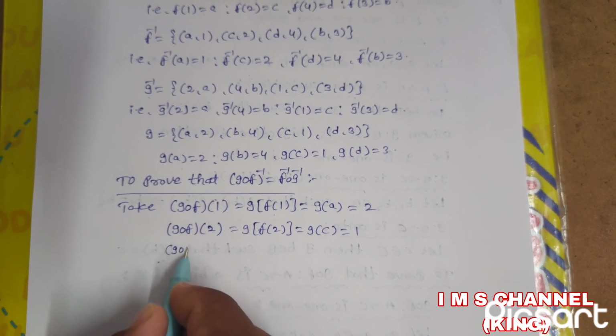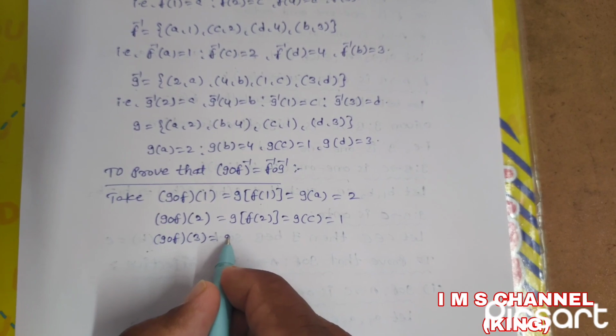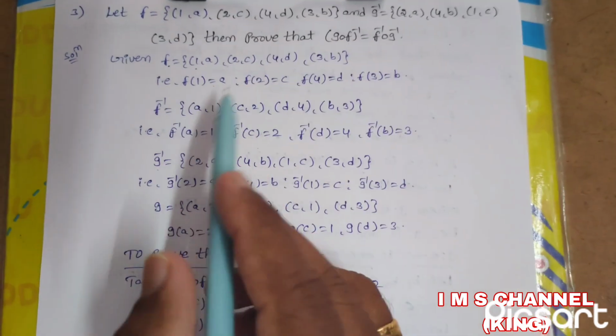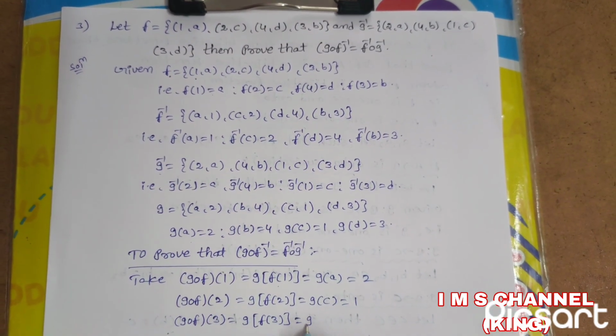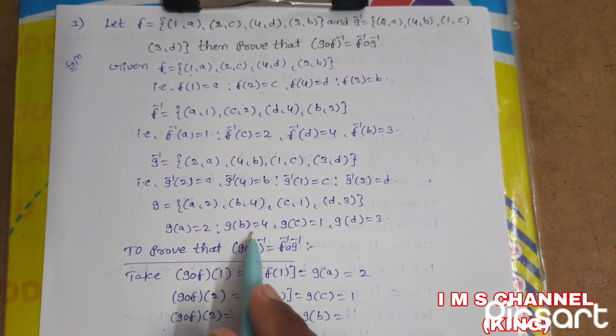Next we calculate the value G circle F of 3, which is G of F of 3. Here F of 3 value is B, so G of B. Clearly G of B value is 4.